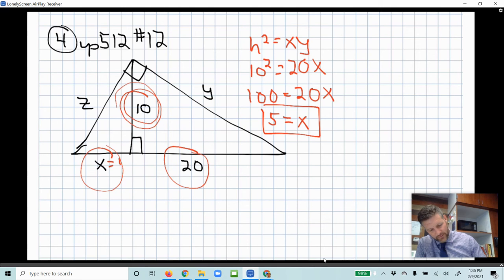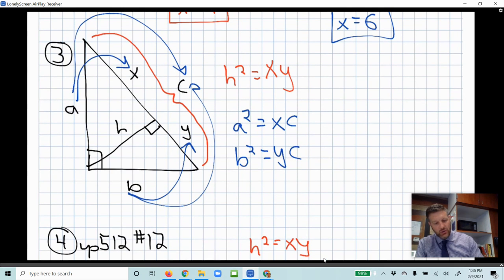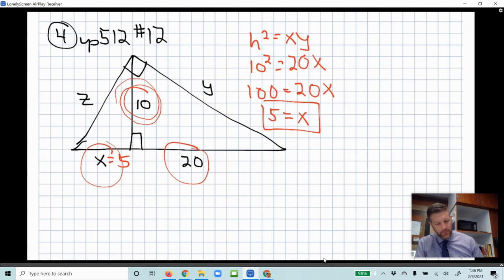X equals 5. Now again, the algebra is fairly easy. What's going to confuse you on this is the setup. That's why, as quickly as possible, you want to memorize these corollaries: h squared equals xy, a squared equals xc, and b squared equals yc. Now that we have both x and this 20 down here, we can solve for z and y, and it's just a matter of picking whichever we'd like to do first.